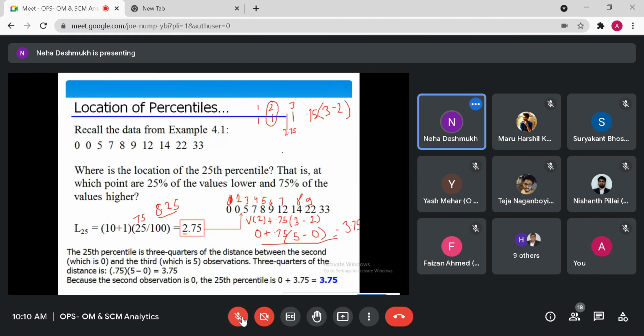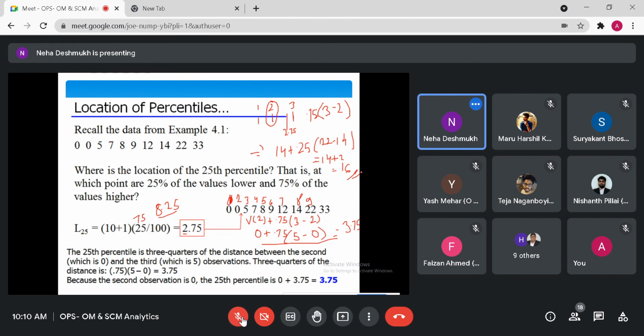It will be 8th position value 14 plus 0.25 times (9th position value 22 minus 14). When you solve this, you will get 14 plus 2, means 16.